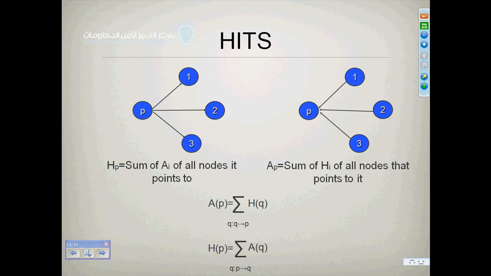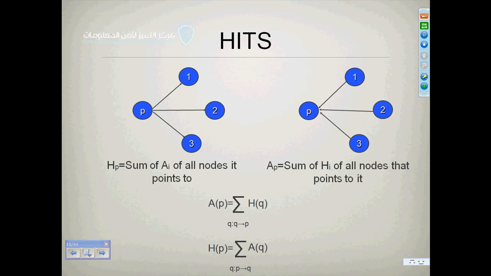Again, as I told you, the picture is a little confusing because the arrows are so small that some of you in the back may not see them. But as I said, a hub's value depends on the authority values of the pages it points to.